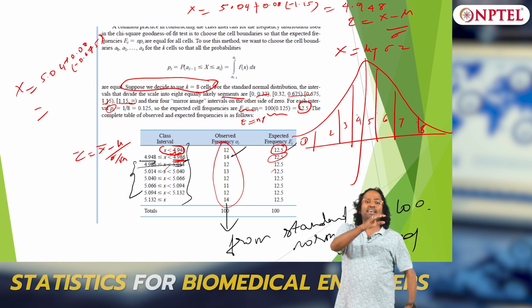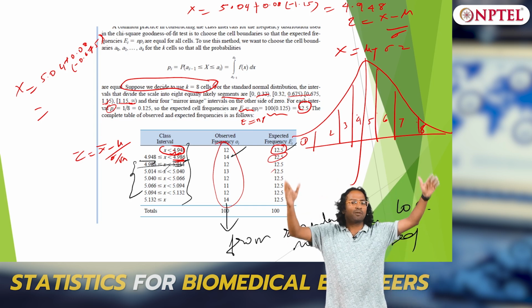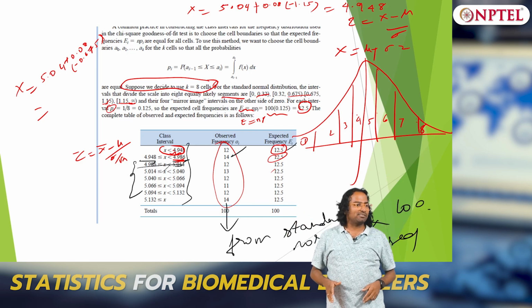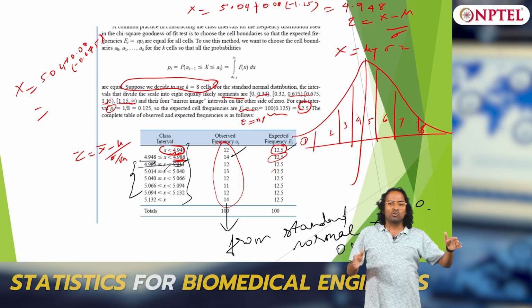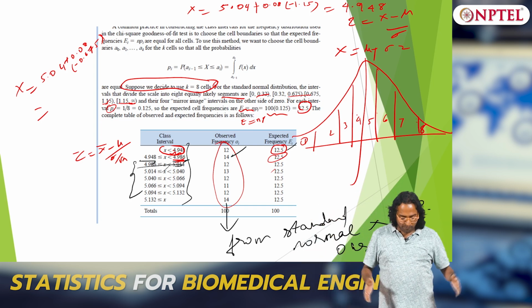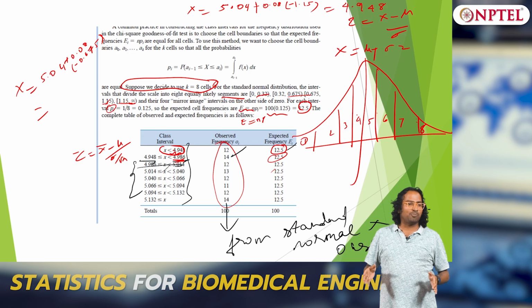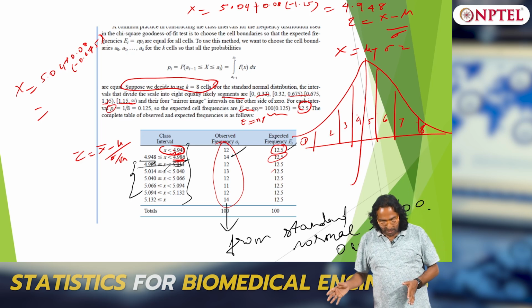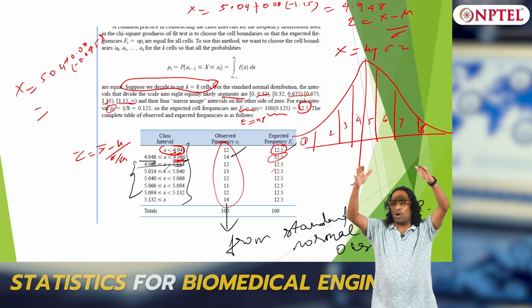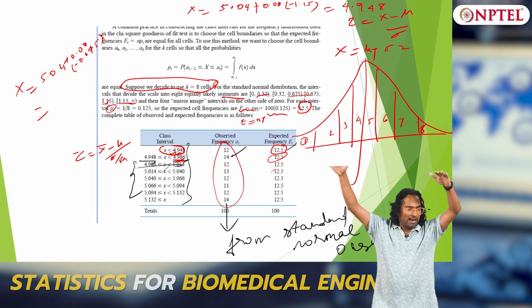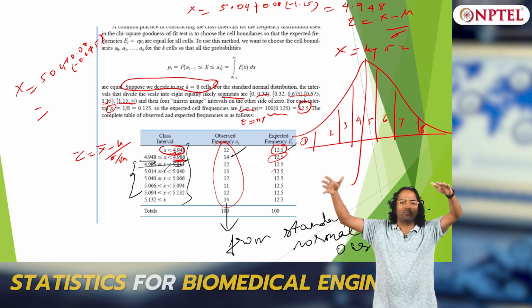I have divided the entire standard normal into 8 equal intervals. So the CDF values should be equal in each range. If you look at the CDF of 0 to 0.32 and 0.32 to 0.675, they will be same. So you divide the entire probability CDF into 8 equal parts.